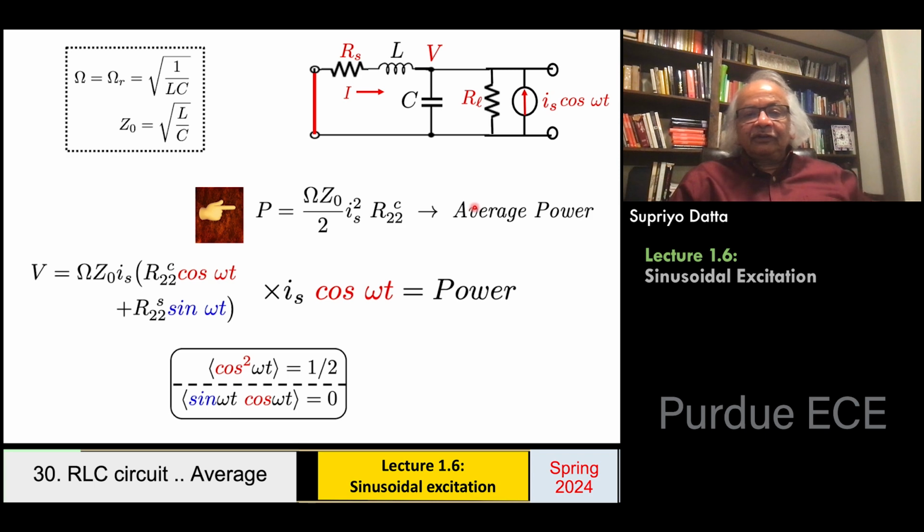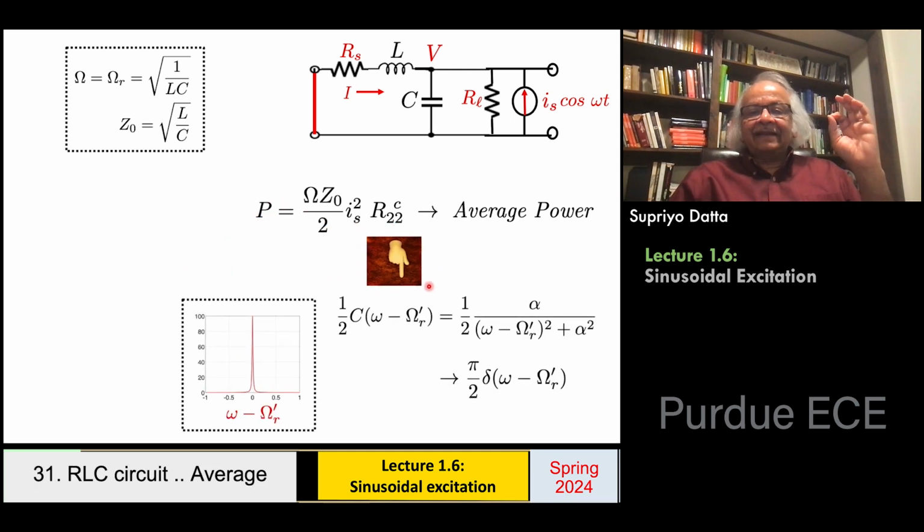So finally, if you look at the average power, you'll get this omega Z0 over 2, squared, times this R22c, that's this cosine response term. What is R22c? Well, that's what we had looked at before. It has the form of this alpha divided by this quantity.